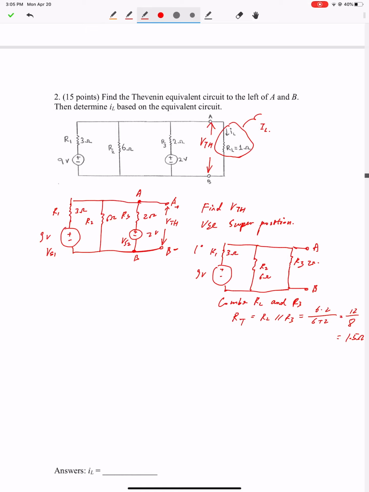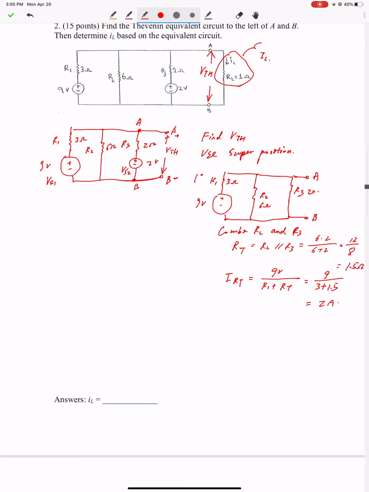After you combine R2 and R3, we can find the current flowing through RT. IRT equals 9 volts divided by R1 plus RT, which equals 9 divided by 3 plus 1.5, and that should be 2 amps, right?